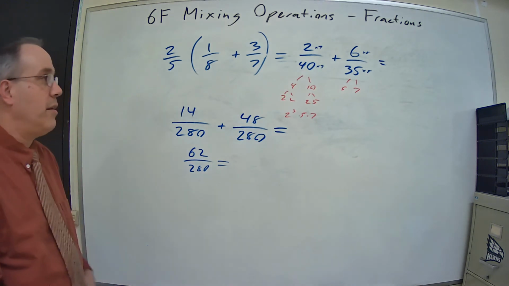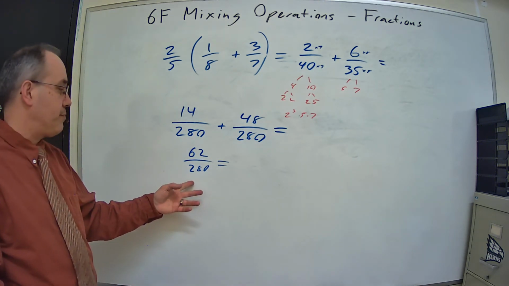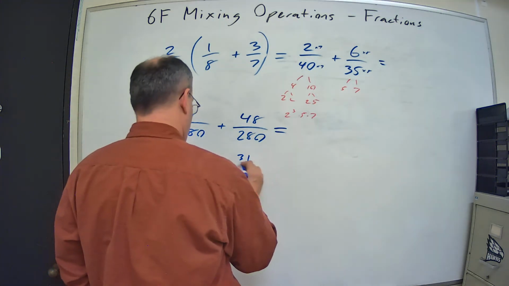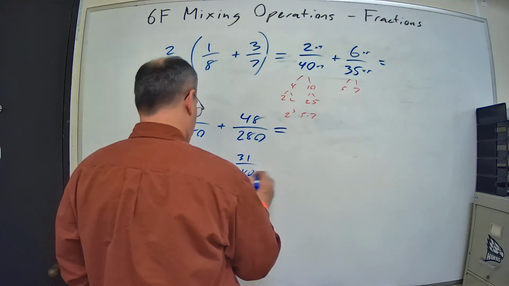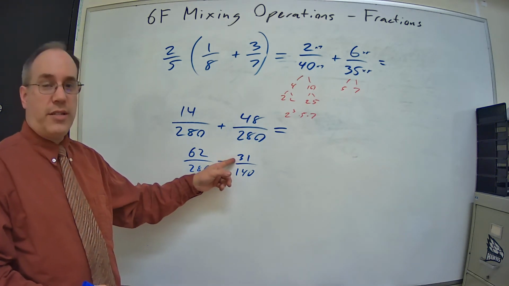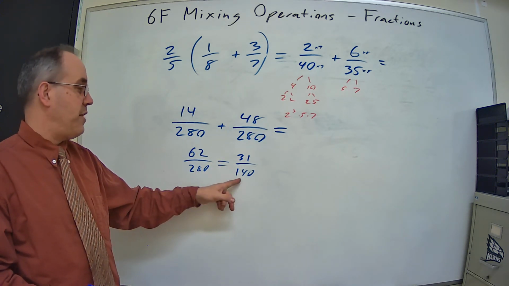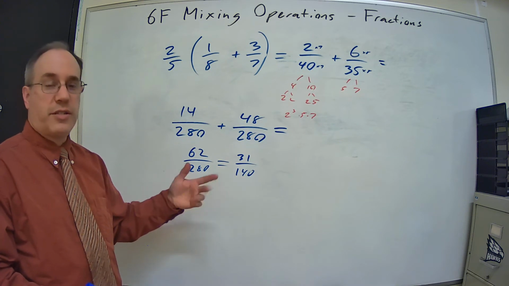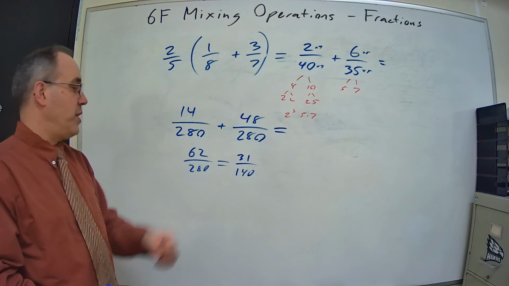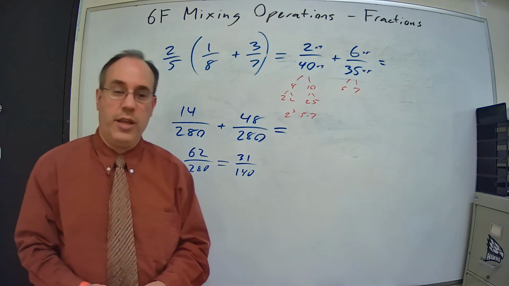And then I can simplify. So divide them both by 2, I get 31 over 140. 31 is a prime number, so unless it divides evenly into 140, which it does not, we are unable to reduce. So we get 31 over 140.